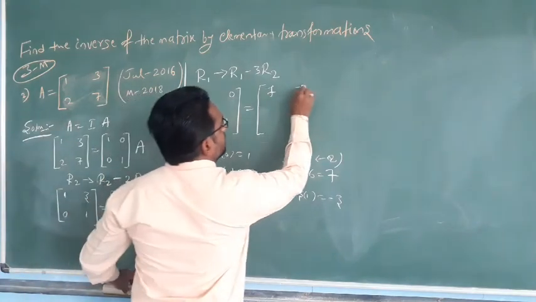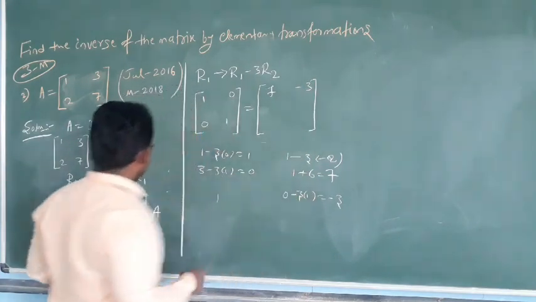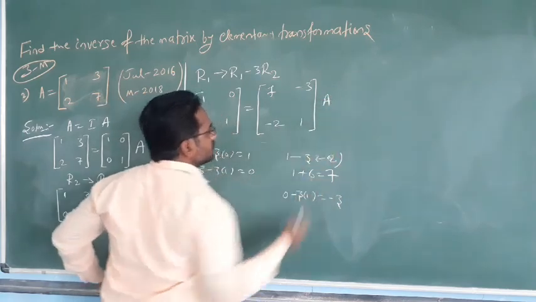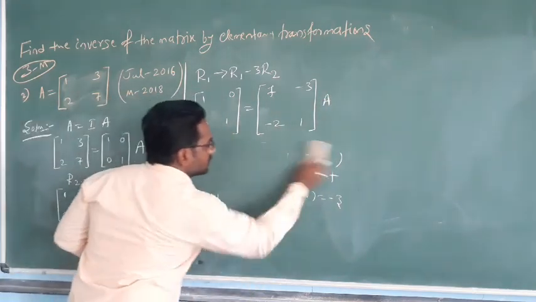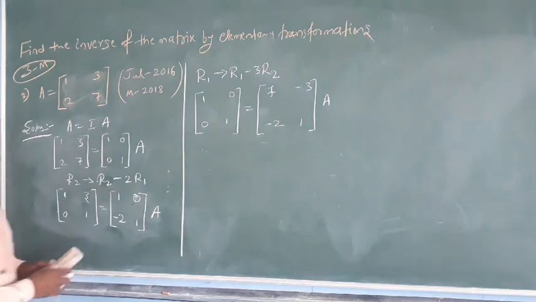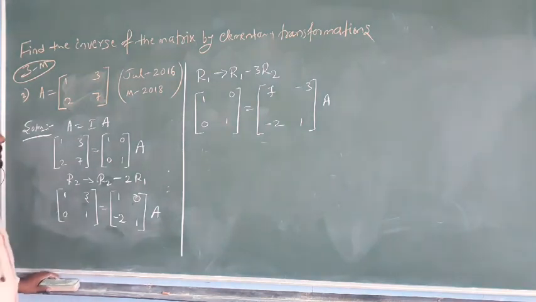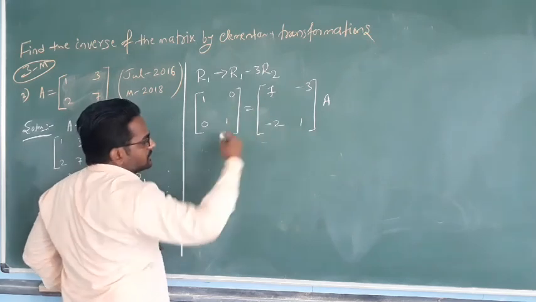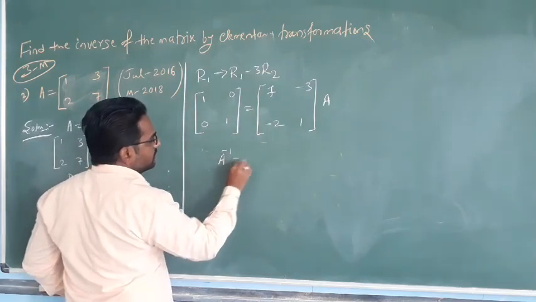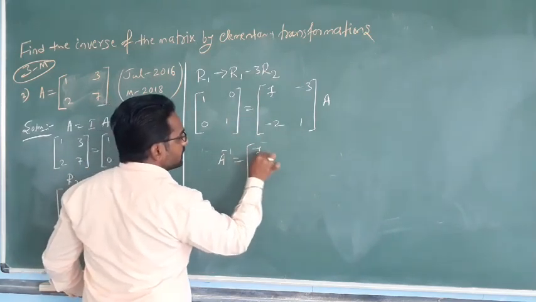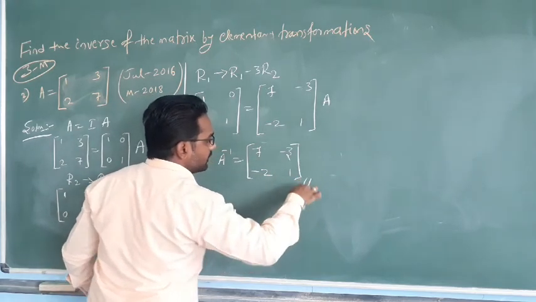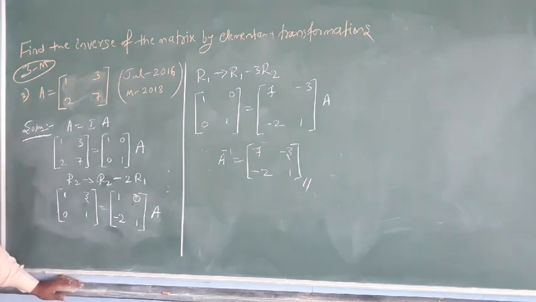So 7, minus 3, and the remaining element minus 2, 1 into A. So observe the values here, students. Okay, so we already obtained the identity matrix in the LHS part. So we get the A inverse equals 7 minus 3, minus 2 1. This is the A inverse.